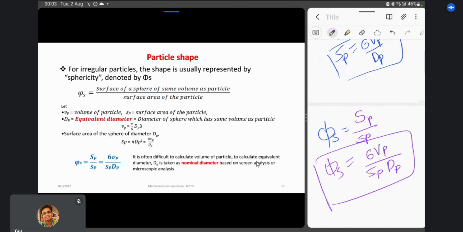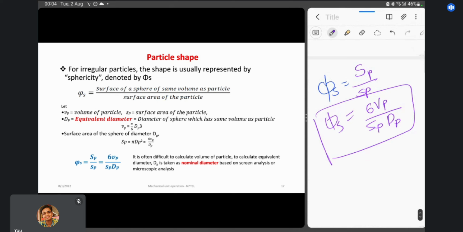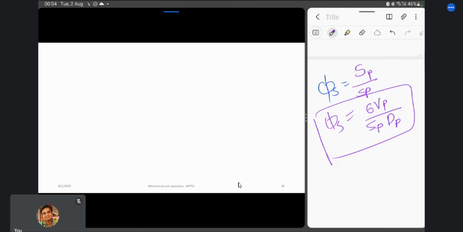Sometimes this dp, also known as the equivalent diameter, is taken as a nominal diameter based on screen analysis or microscopic analysis. In microscopic analysis and screen analysis, the diameter is always denoted as a nominal diameter, so we can consider it a nominal diameter also.